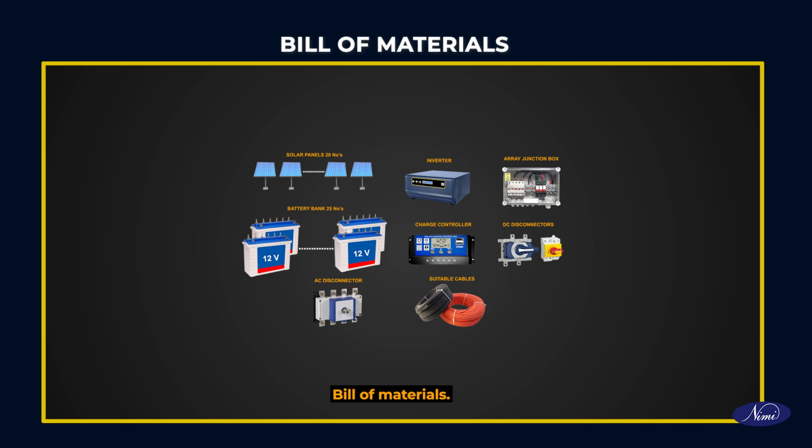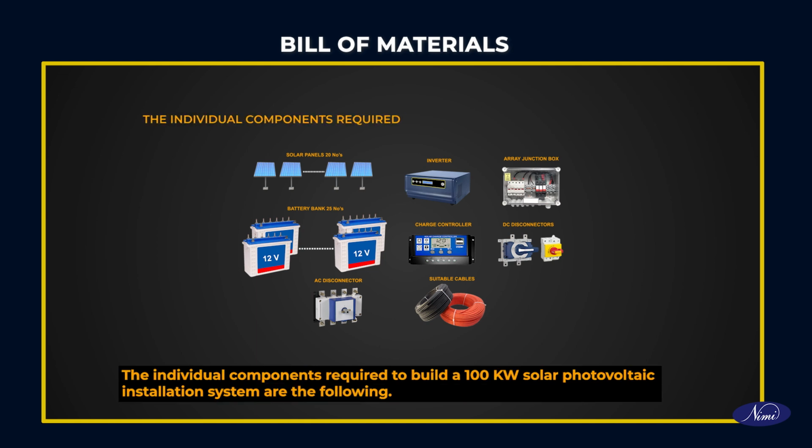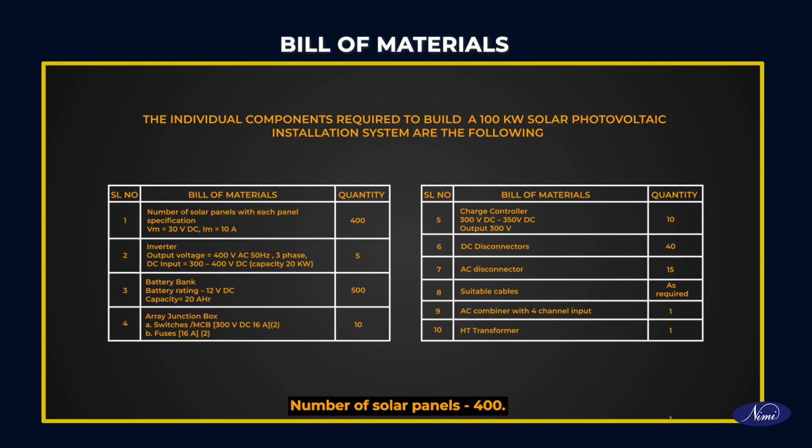Bill of materials. The individual components required to build a 100 kilowatt solar photovoltaic installation system are the following. Number of solar panels 400, inverter 5, battery banks 500, array junction box 10, charge controller 10, DC disconnectors 40, AC disconnector 15, suitable cables as required, AC combiner 1, HT transformer 1.